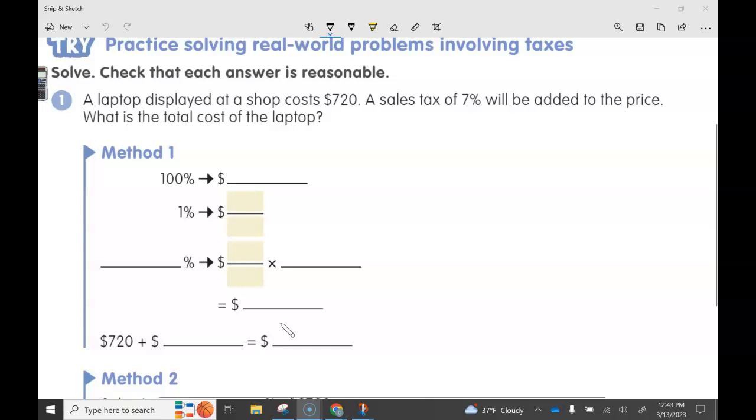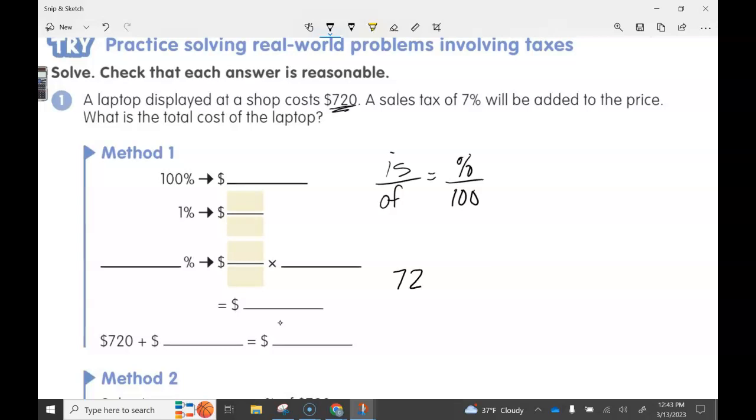So we need to think about the is over the of is going to equal a percent over 100. So a couple things. We can see right away a laptop displayed at a shop costs $720. Okay, so that's the total amount. So that's going to be the of.